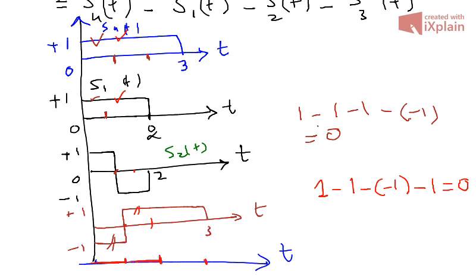From 2 to 3, now do it from 2 to 3. 2 to 3, 1. 2 to 3, minus 0. 2 to 3, this is 1, minus 1. So again 0. It means we do not have the fourth.